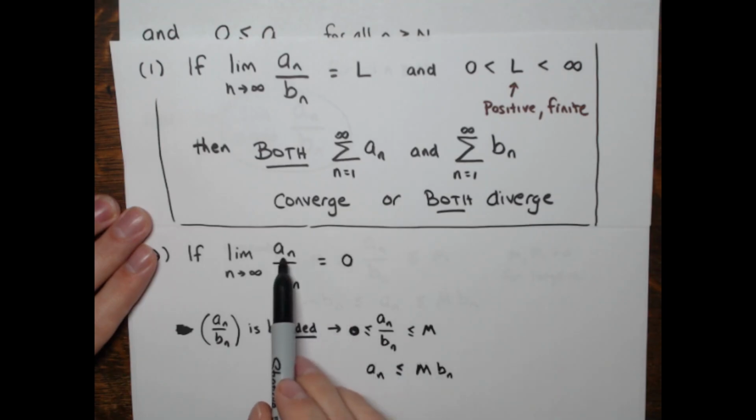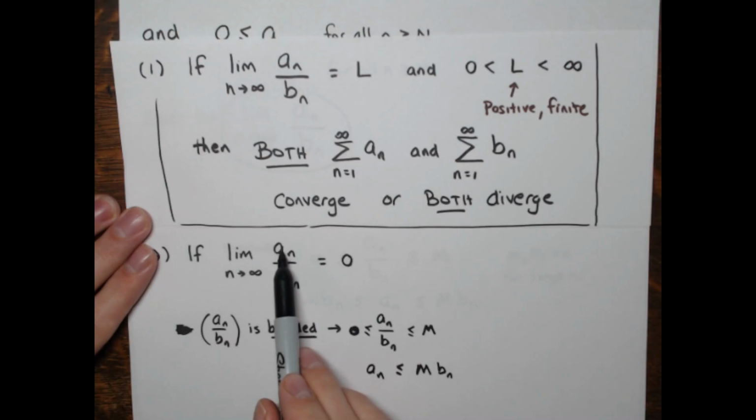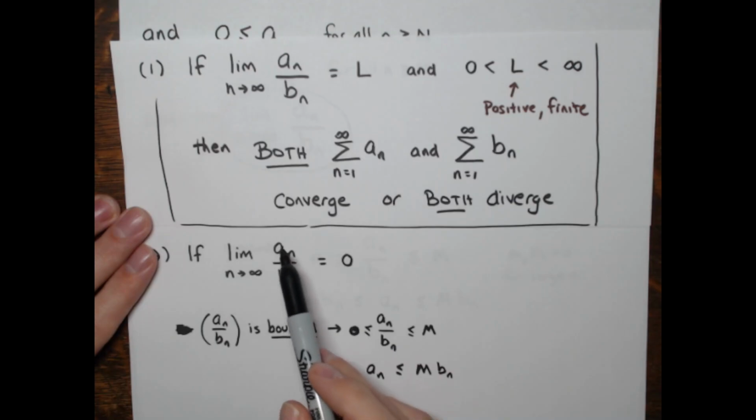Which would make sense. If this limit is 0, that means the terms of a sub n are getting smaller, or they're growing at a slower rate than the terms of b sub n. The denominator would be growing faster than the numerator. So then if b sub n converges, a sub n must converge by comparison, right? If the faster growing terms are converging, then the smaller, slower growing terms would also be convergent. But that's all we can say.